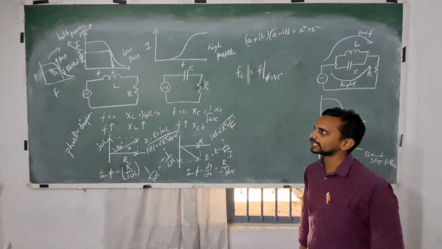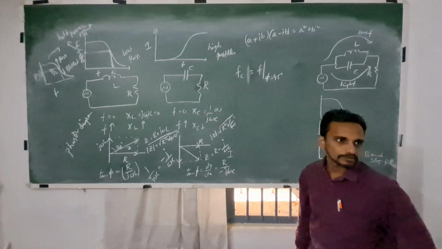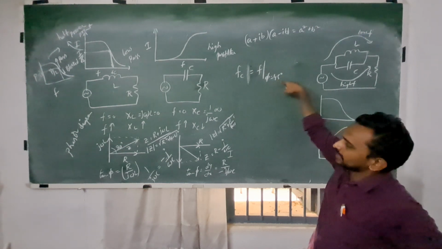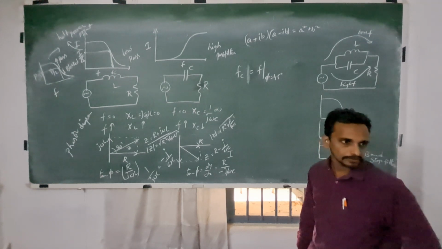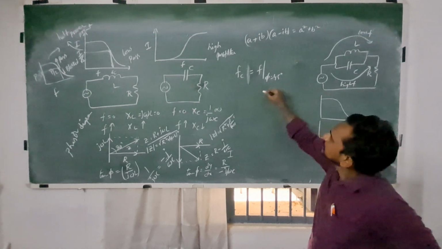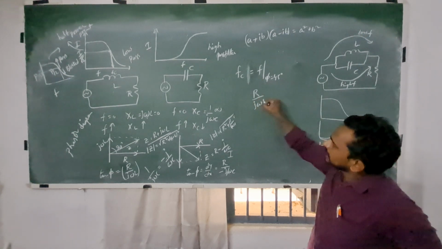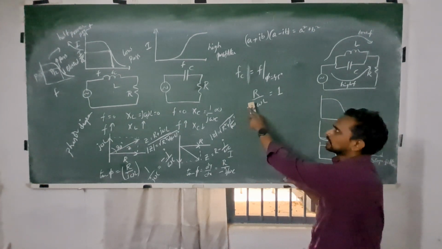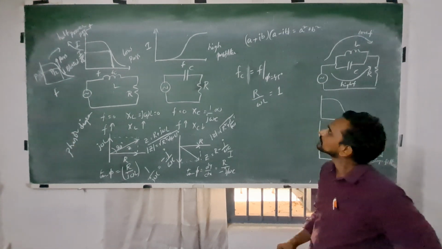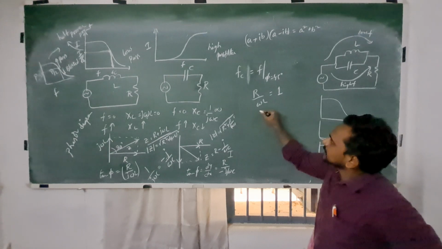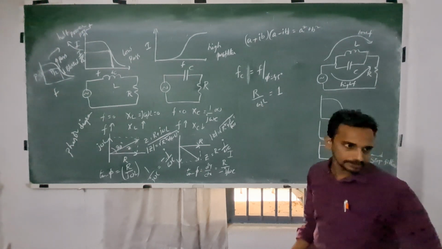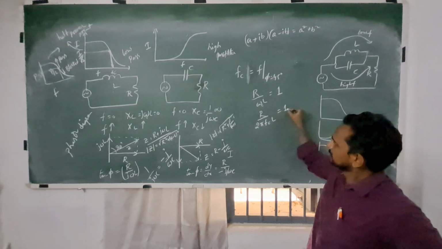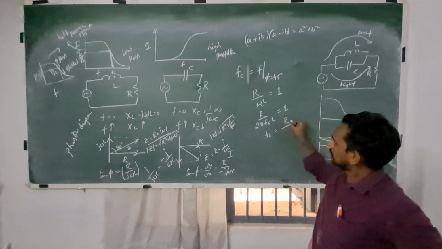The cutoff frequency is the frequency where the resistance and reactance become equal. 45 degrees means the two must be equal. tan 45 is 1, so the ratio must be 1. That means R by j omega L is 1, or in magnitude, R by omega L is equal to 1. So how does the cutoff frequency come? I call it omega C. R by 2 pi FC L is 1. Our cutoff frequency FC is R by 2 pi L.